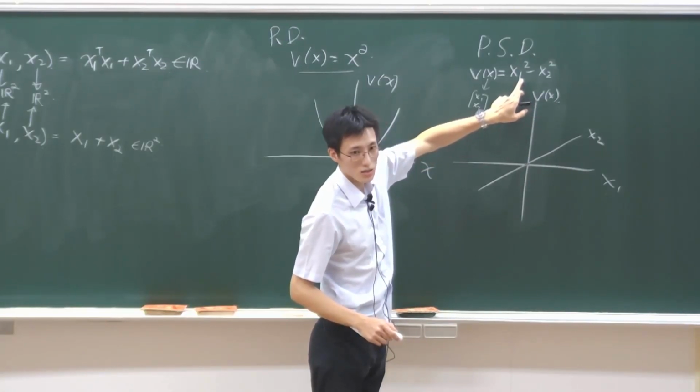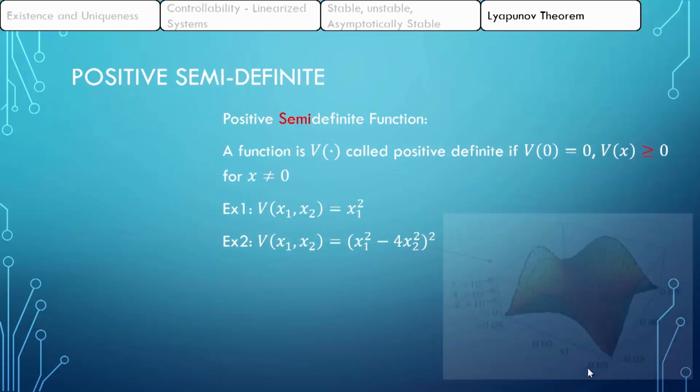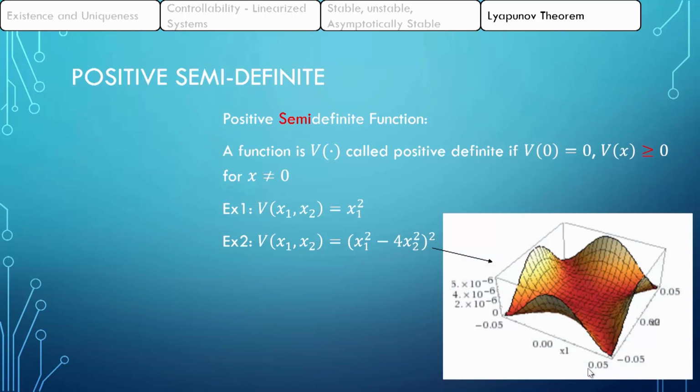Is that right? What does this function look like? So this is PD, this is PSD. This function is similar to this. It's 0 at 0, right? This is x1, x2, and the z direction is the v function. So at the origin it is 0, right?